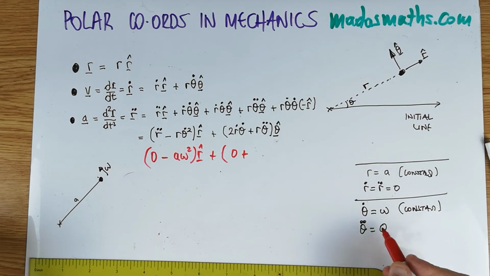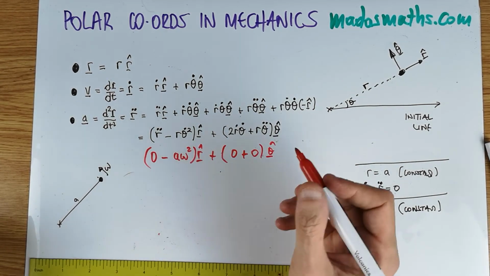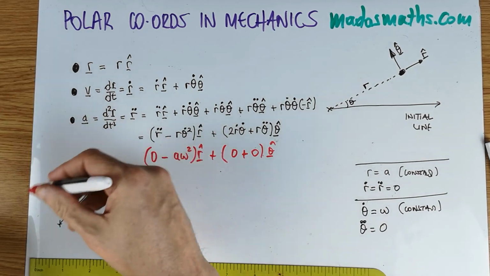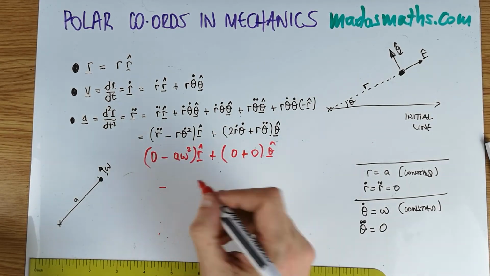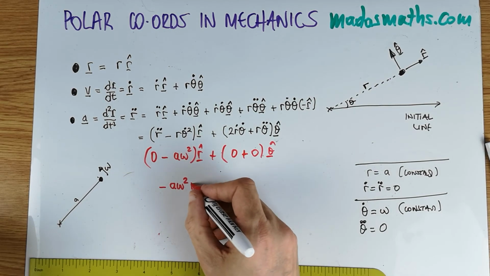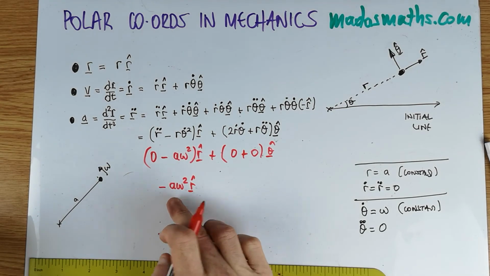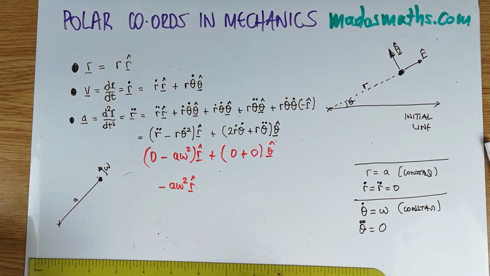This of course is 0 because theta double dot is 0. So the acceleration, if you're on the simplistic setup, is going to be just simply minus a omega squared in the r hat direction. Is that something we recognize? Of course, this is what we are being told.